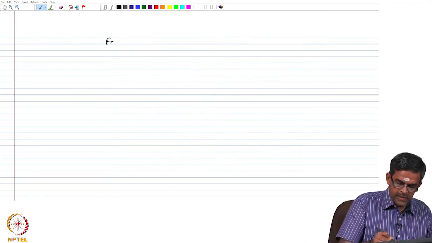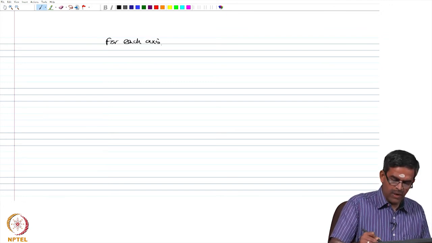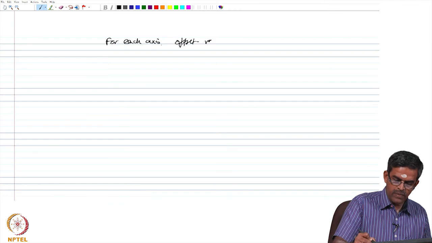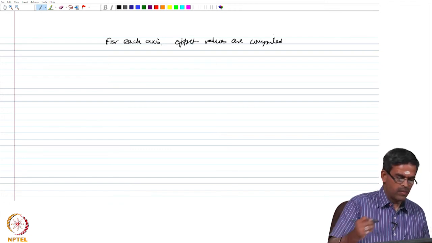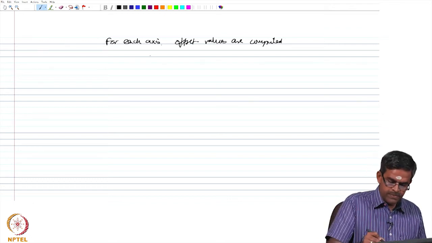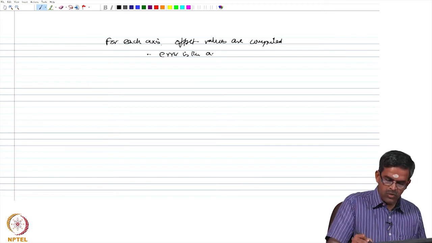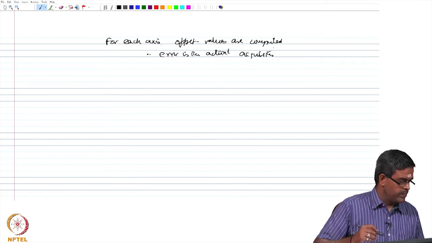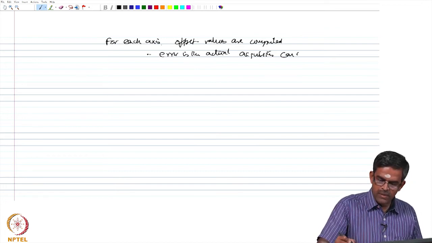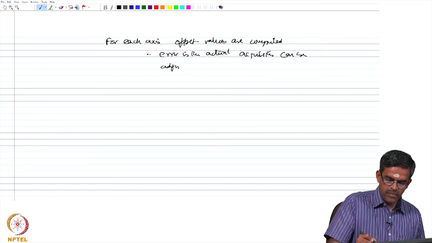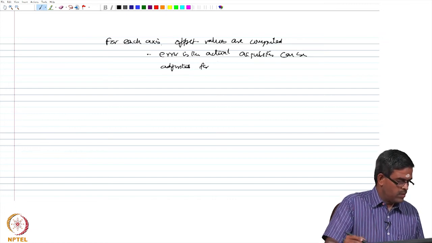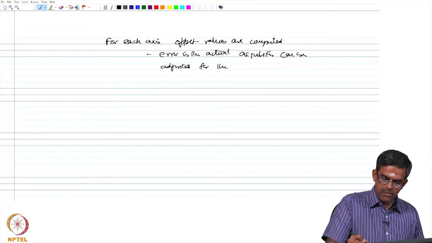For each axis, offset values are calculated so that the error in the actual acquisition can be adjusted for the measurements.